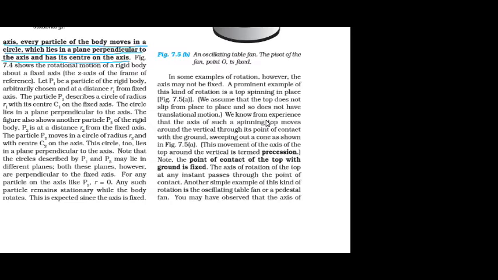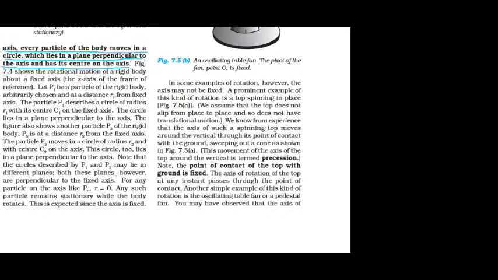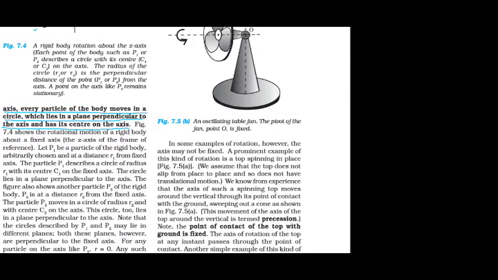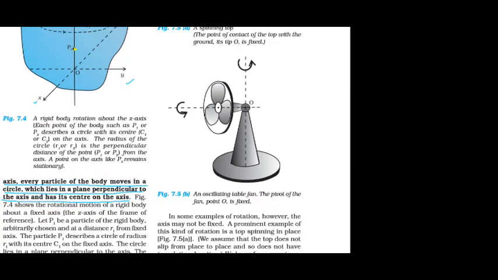We know from experiments that the axis of such a spinning top moves around the vertical through its point of contact with the ground, sweeping out a cone as shown in figure 7.5a. So let us see the figure first.